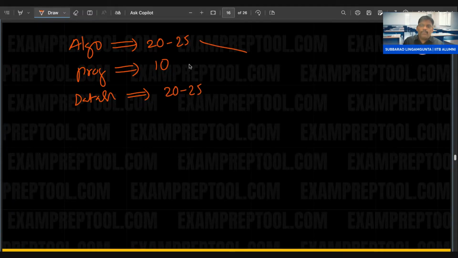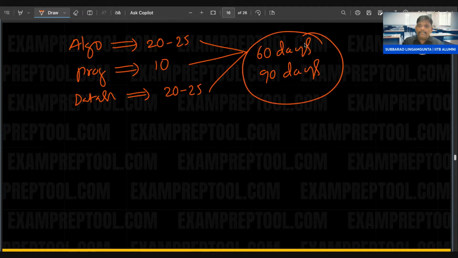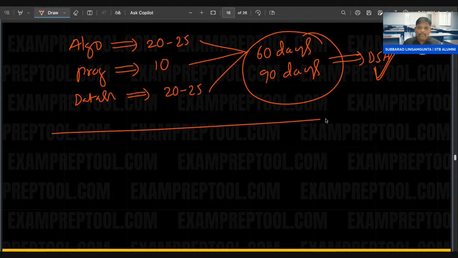So overall, it is 60 days, upper bound 90 days. Within 60 to 90 days, DSA will be over. Next, one more 60 to 90 days.